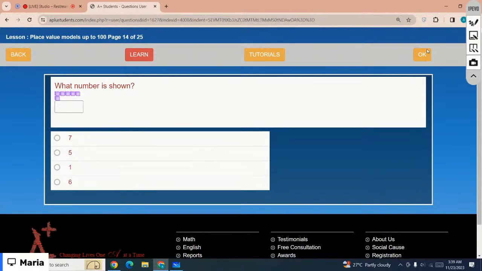Yes, you have just six blocks, six single blocks, right? So they make six. They are six in number. They make six.